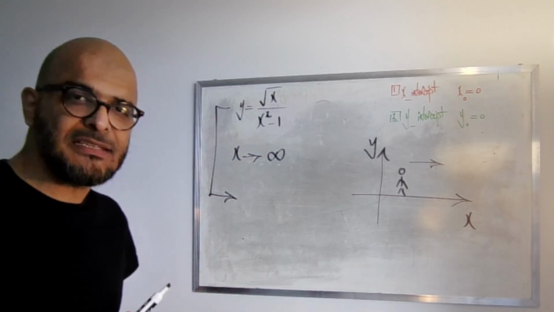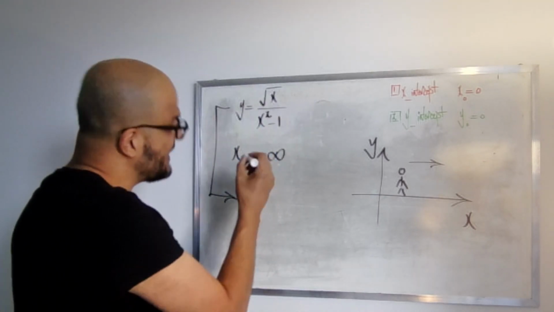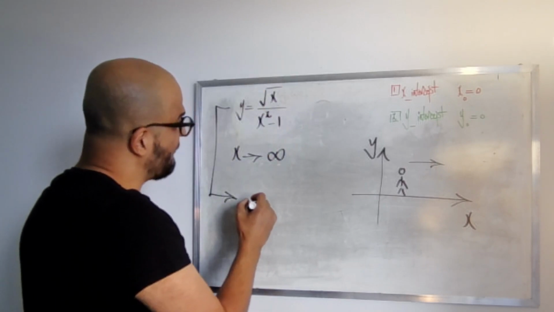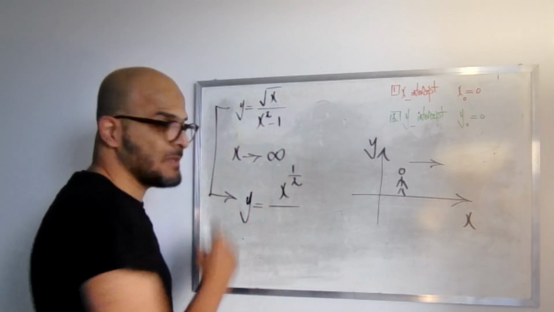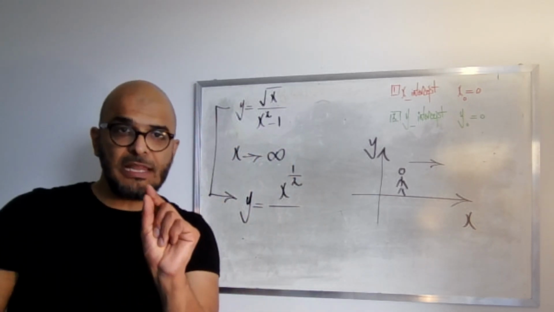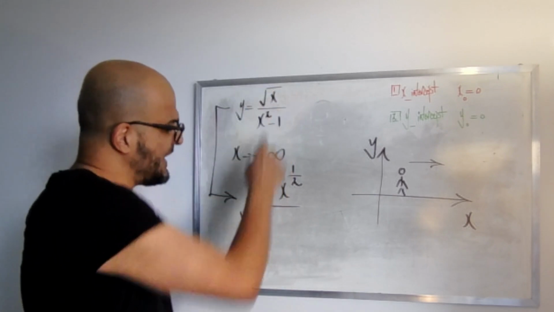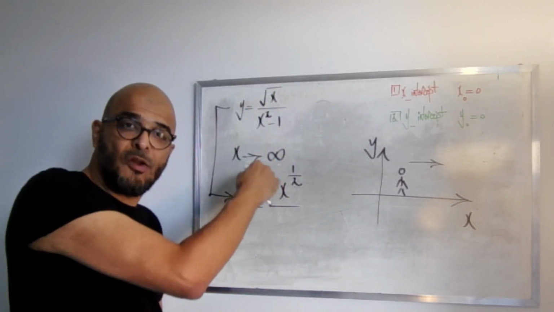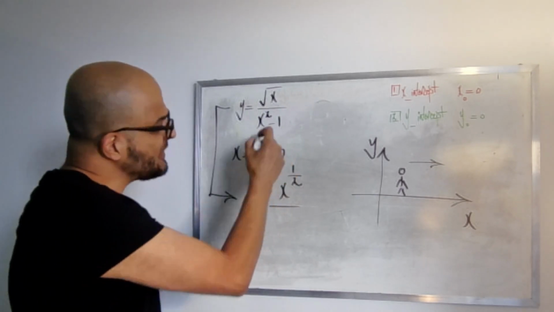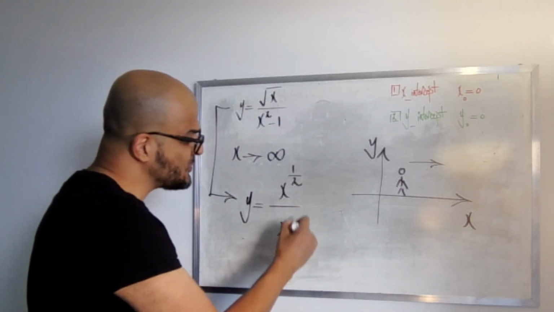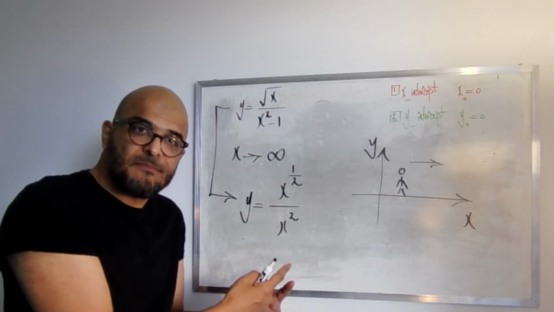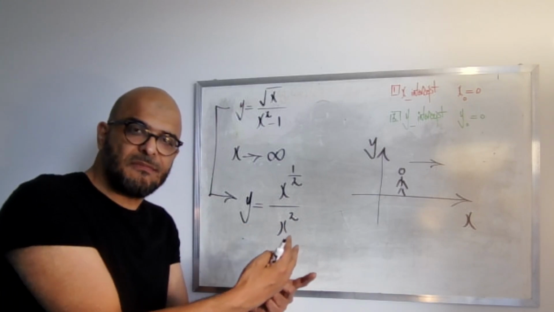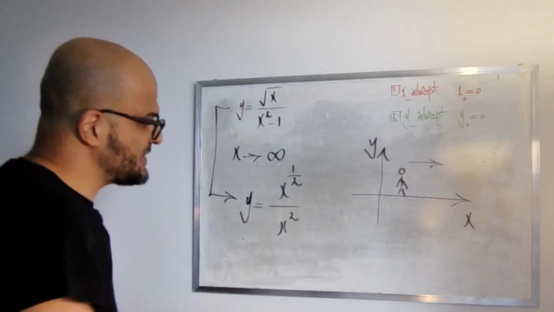If you do that, you're going to see that the highest power we have over there, I can write it like that, is x to the power 1 over 2, because remember, by the function rules that you learned, the square root of x is actually x to the 1 over 2, and the highest ranking over there is x squared. You're going to see that the rate of the increase, let's say, along that direction.